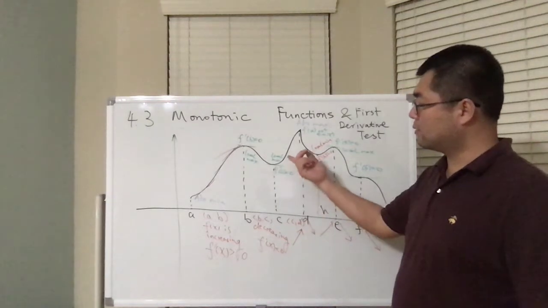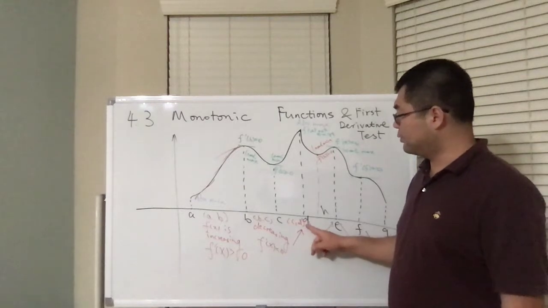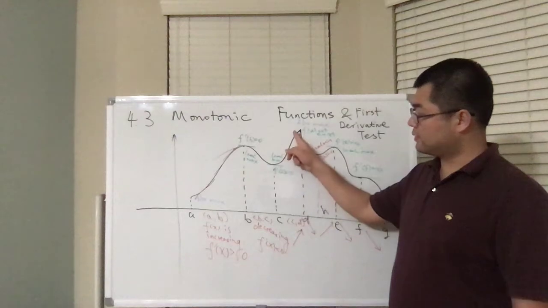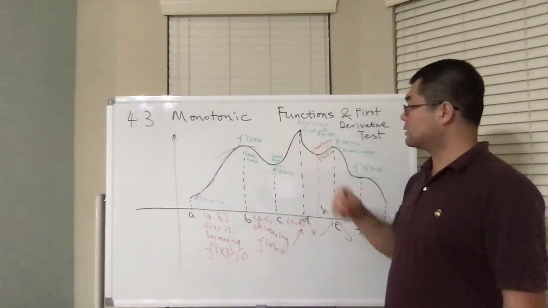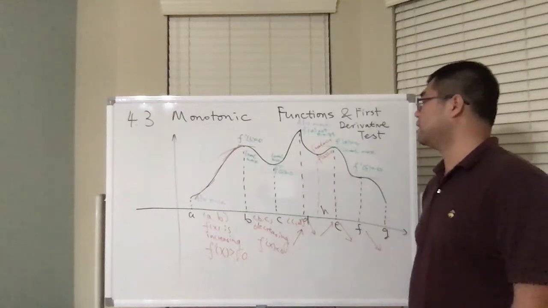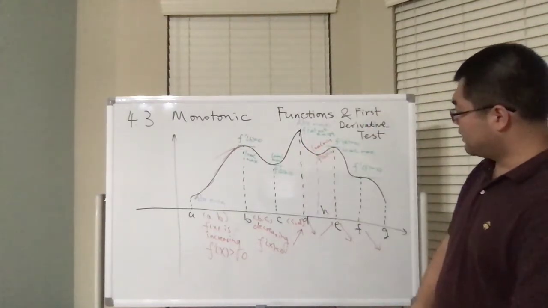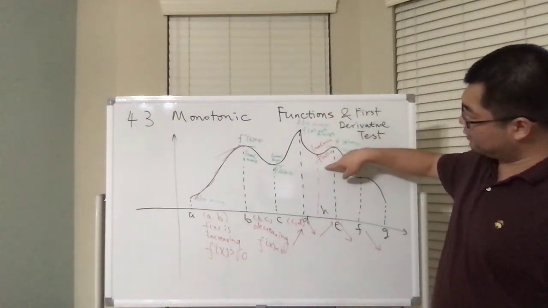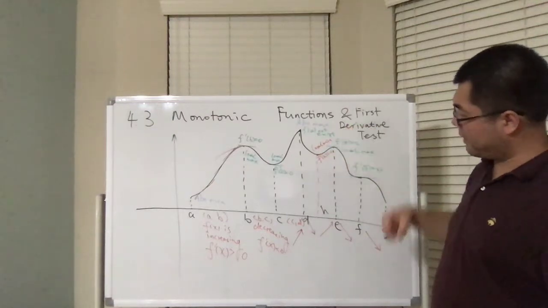So it's called a local minimum. Similarly at point D, the derivative is greater than 0 and then less than 0, a local max. Of course, it's an absolute max globally. And at H, you have decreasing, then increasing, a local minimum; increasing, then decreasing, a local max.